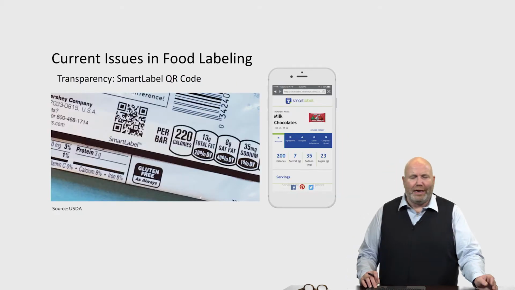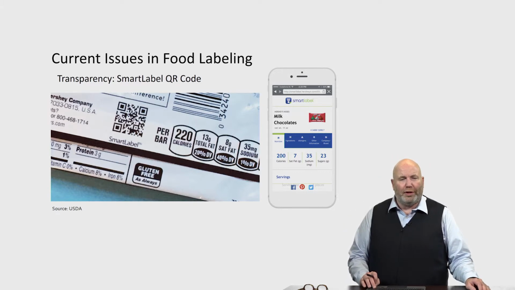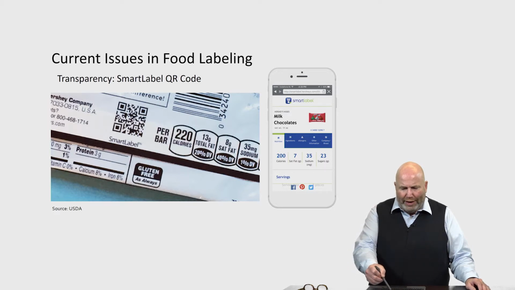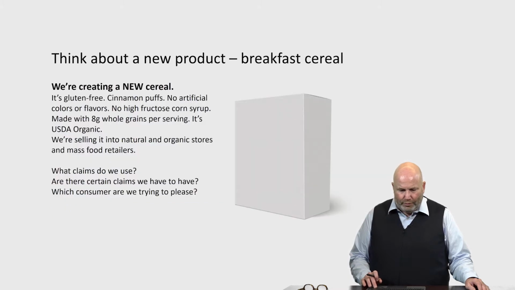We're in the process right now, rolling out to the year 2020, of trying to develop a smart label with a QR code that participating food companies will use to provide all of these different ingredients to consumers who want to scan it with their phone, and it will tell them this information.